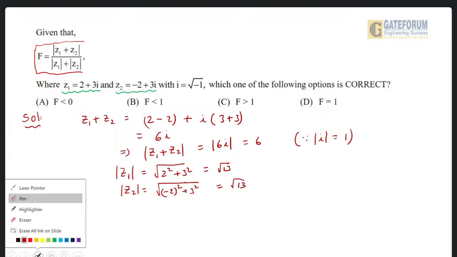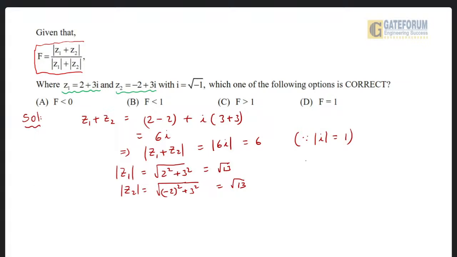Since modulus of z equal to x plus iy, a complex number, is square root of x square plus y square. This is the formula I have used.